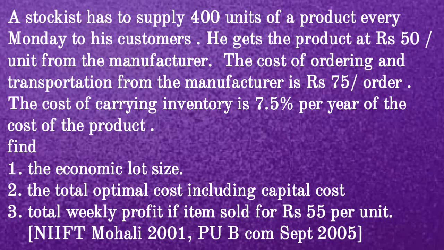Find first the economic lot size, second the total optimal cost including the capital cost, third the total weekly profit if the item is sold for rupees 55 per unit. This question was asked in NIFT Mohali 2001, PU BCom September 2005.